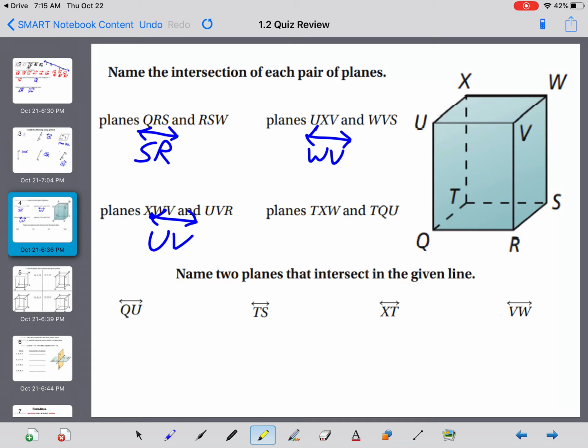Last, you got planes TXW. TXW is your back wall. And TQU. TQU is your side. And these planes intersect at XT.